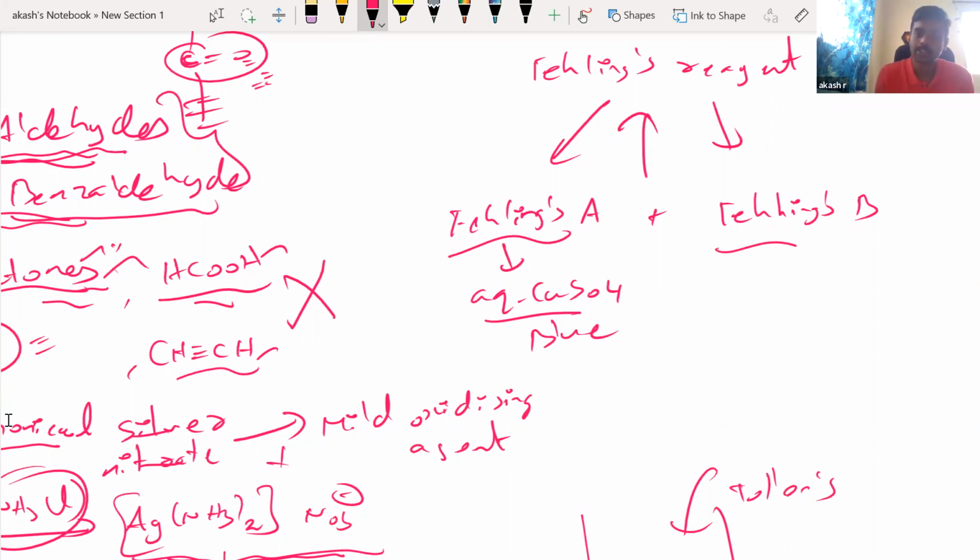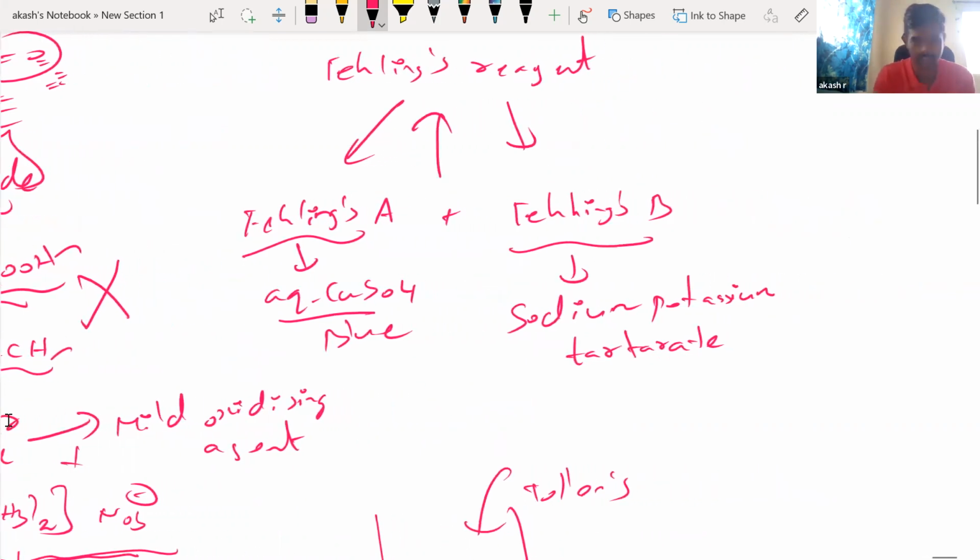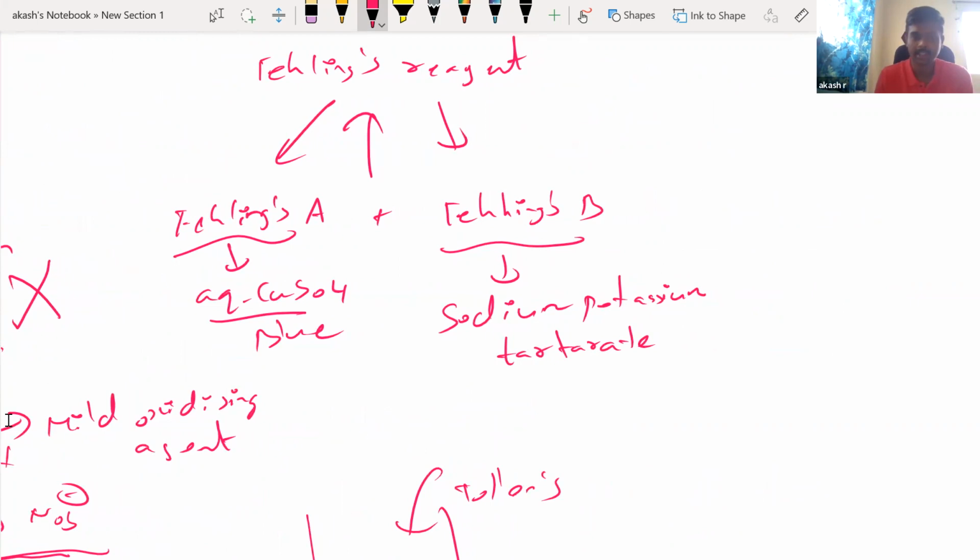Okay, next, what is Fehling's B? Fehling's B is sodium potassium tartrate. If you're wondering what exactly this sodium potassium tartrate is, we have to know what tartaric acid is.